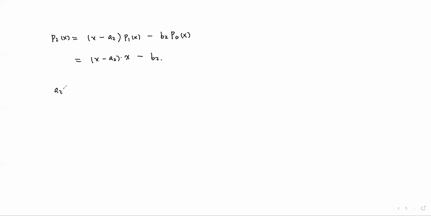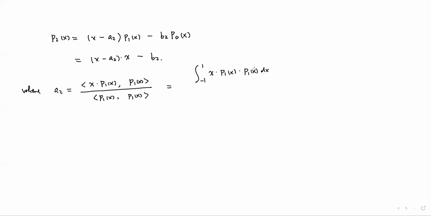A2, what is A2? By the formula, A2 is the inner product of x times P1 with P1, over the inner product of P1 with P1. The top is this integral of x times P1 times P1, and P1 is x, w is 1.